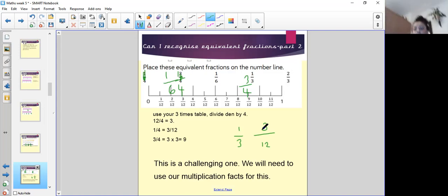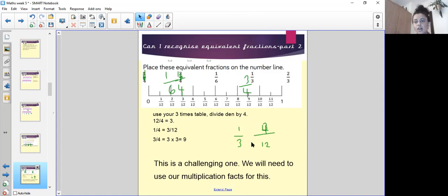Because we've times it by 4, we have to do the same to the top. So 1 times 4 equals 4, sorry guys. So we would now move this up. 1/3 is the same as 4/12.